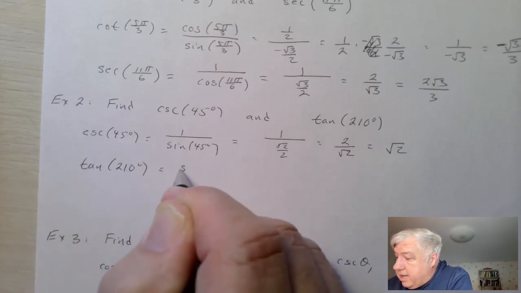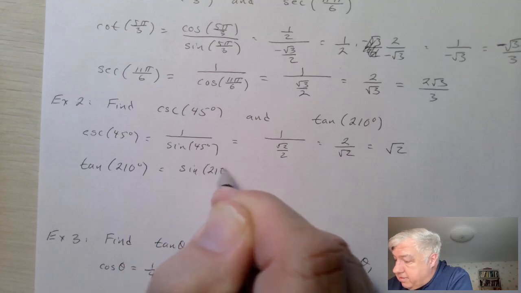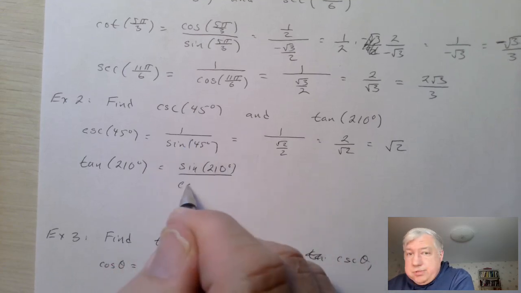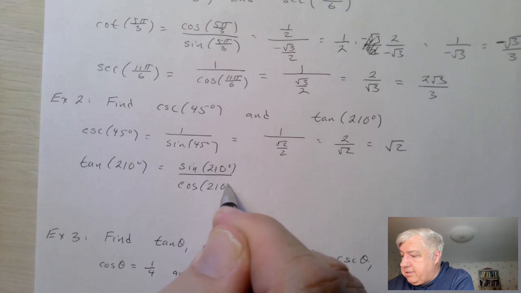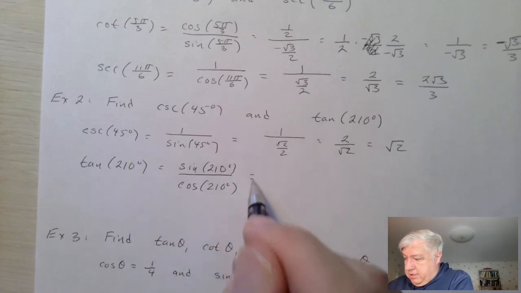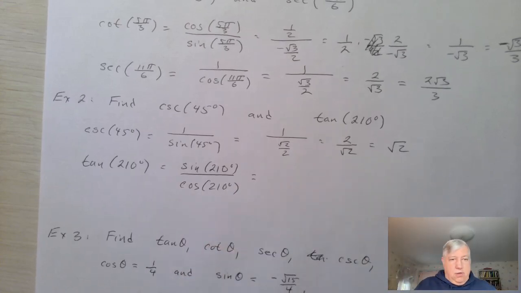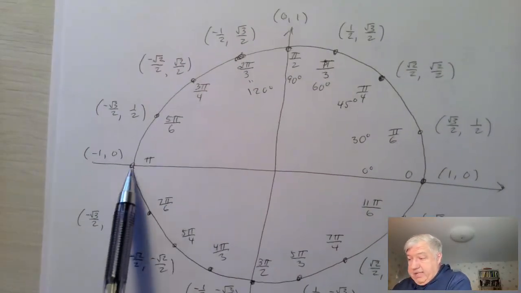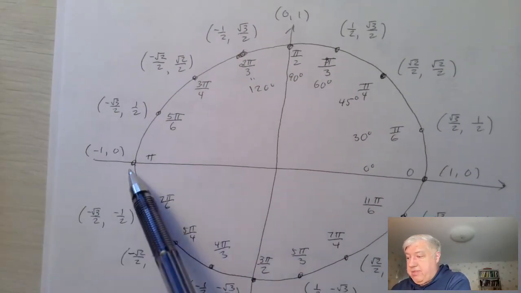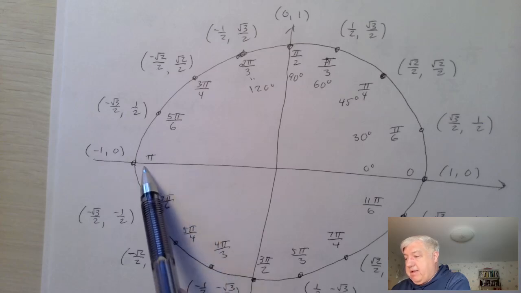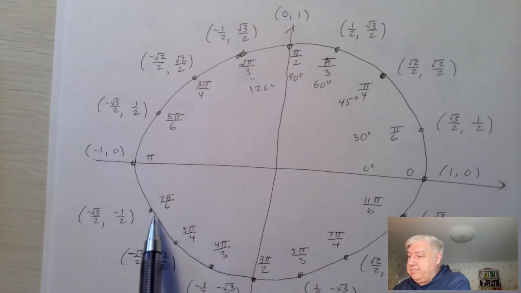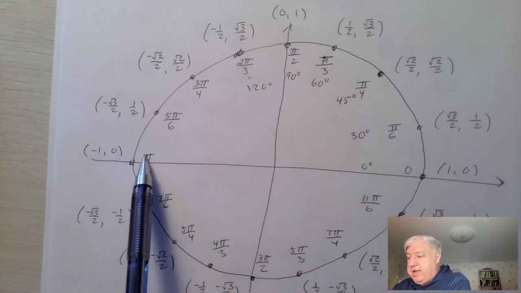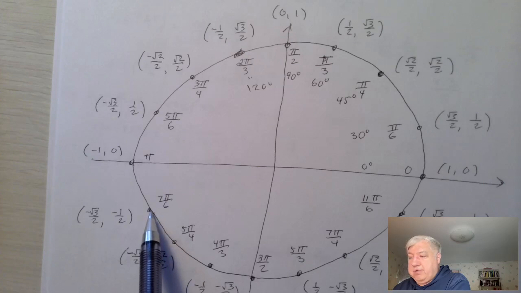The tangent of 210 degrees will be the sine of 210 degrees over the cosine of 210 degrees. 210 degrees, well, 180 is pi, right? So add 30 degrees, or pi over 6, to it, and you get 210.